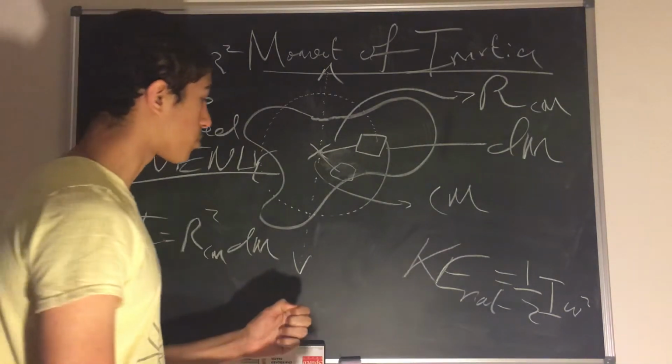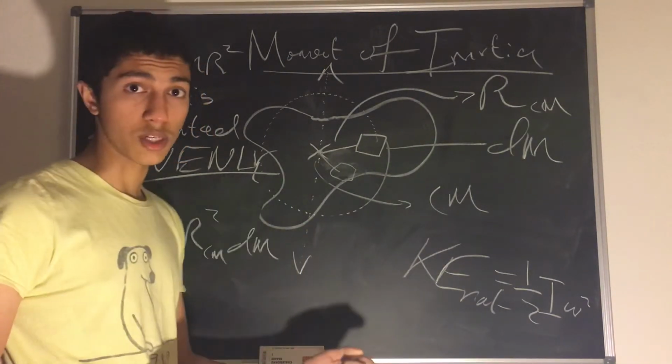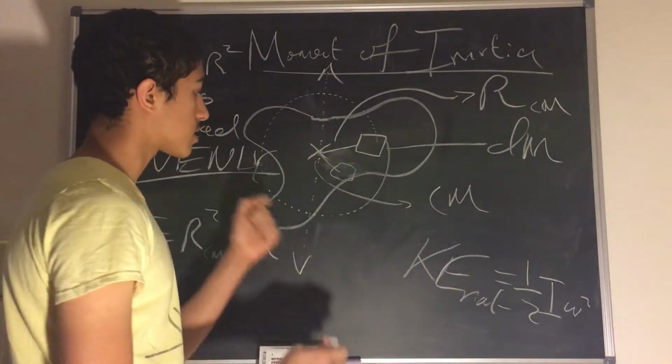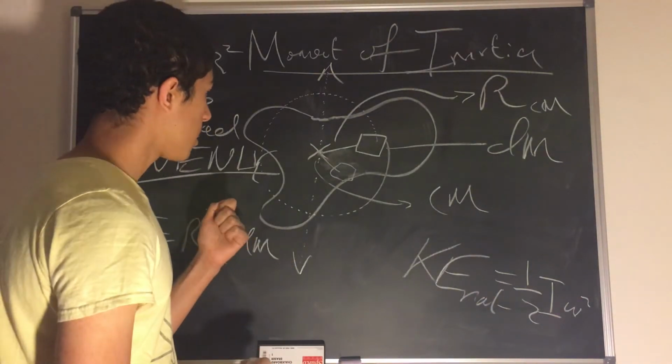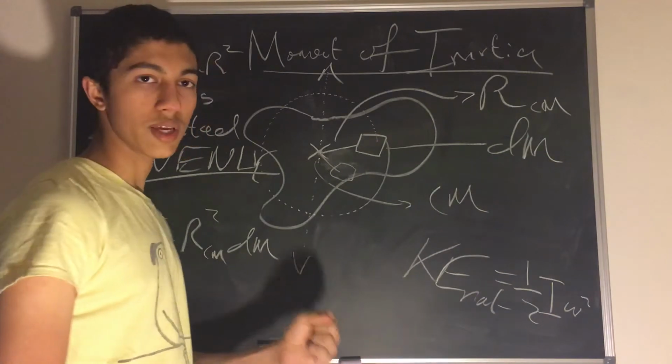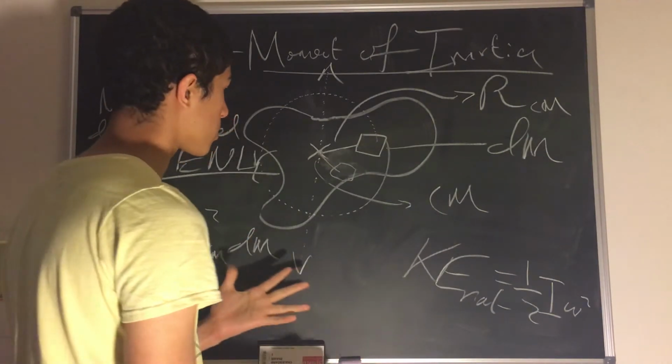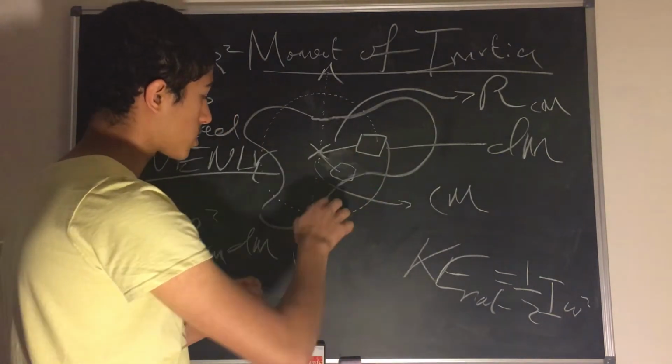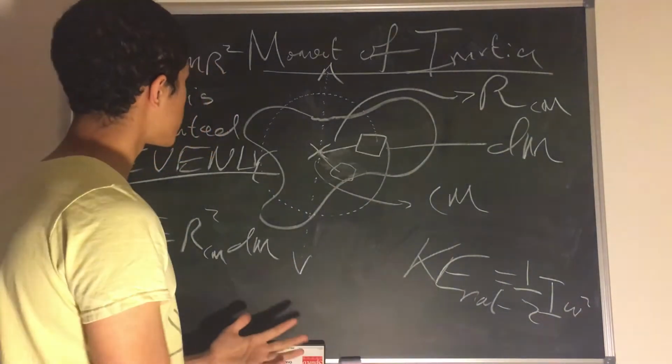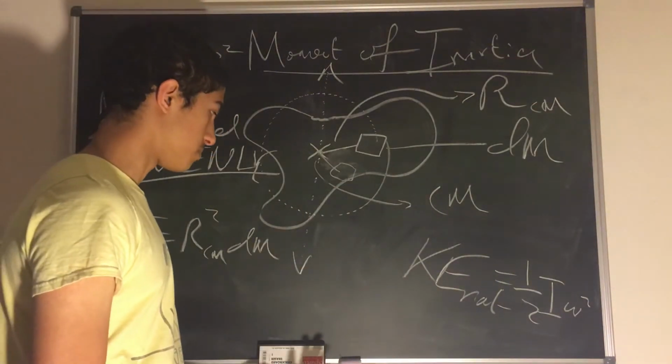And this is very important because if mass was not distributed evenly, and we had different masses and different densities throughout this rigid body, then it would be much harder to evaluate the total moment of inertia. So we would like to assume that our rigid body has even mass distribution.